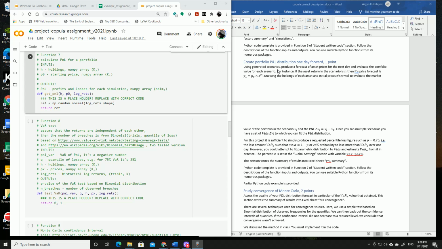Using this joint distribution, we were able to produce the scenarios, whichever number was requested, let's say 100,000. Under each one of these scenarios, we should be able to calculate whether we're gaining profit or losses of our portfolio on a given day, right?